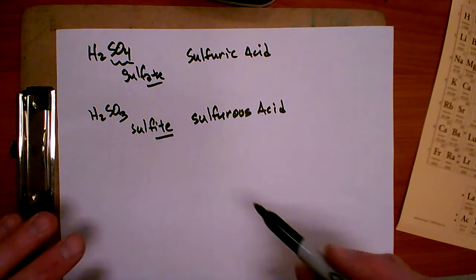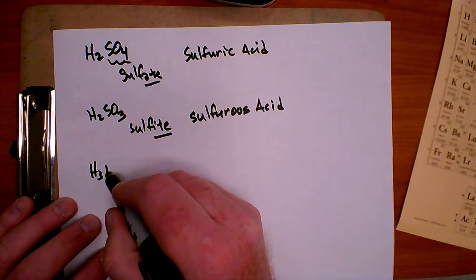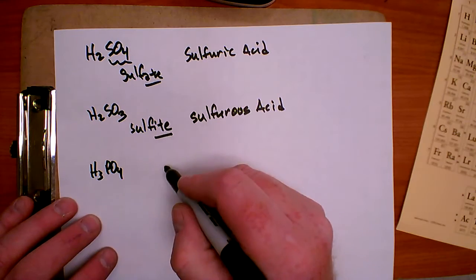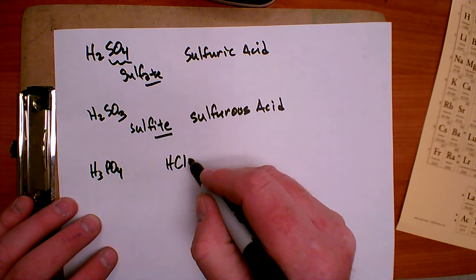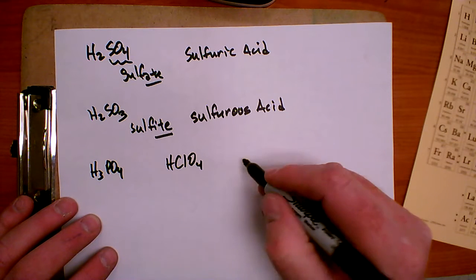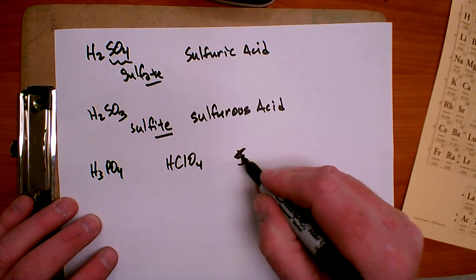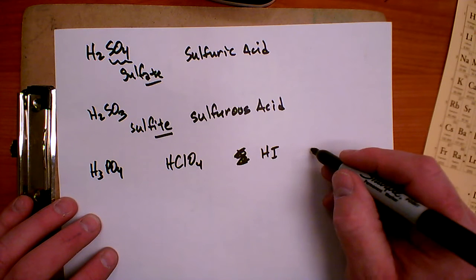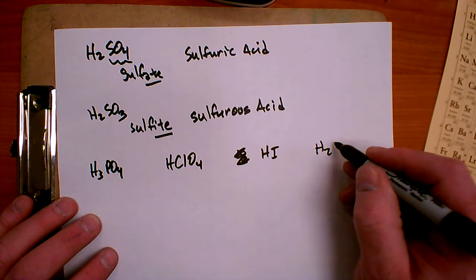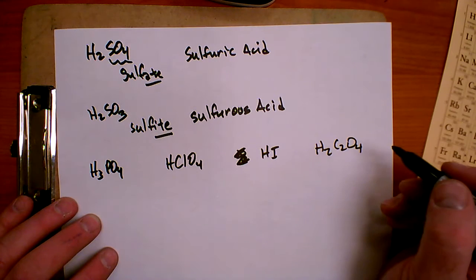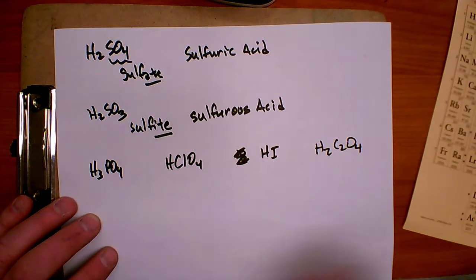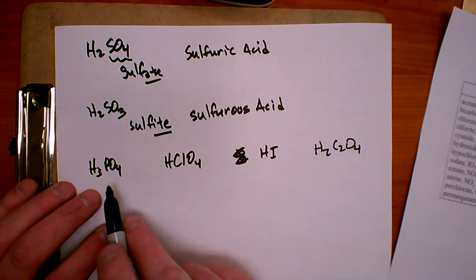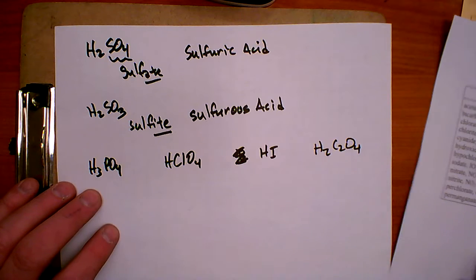If I have H3PO4, if I have HClO4, if I have HI, and let's try H2C2O4. So H3PO4, I notice this is ternary because it's got a polyatomic plus the hydrogen.